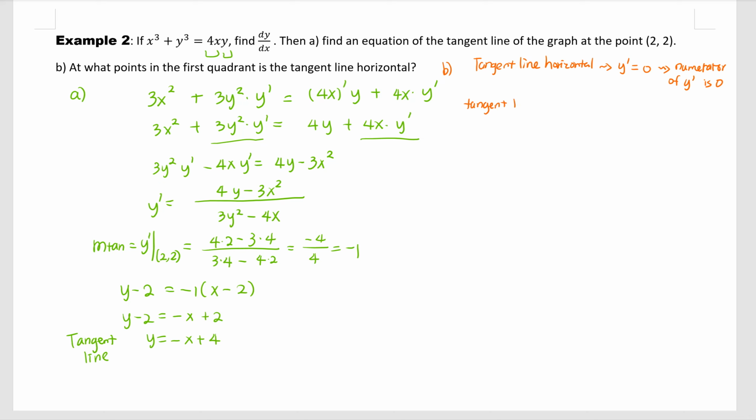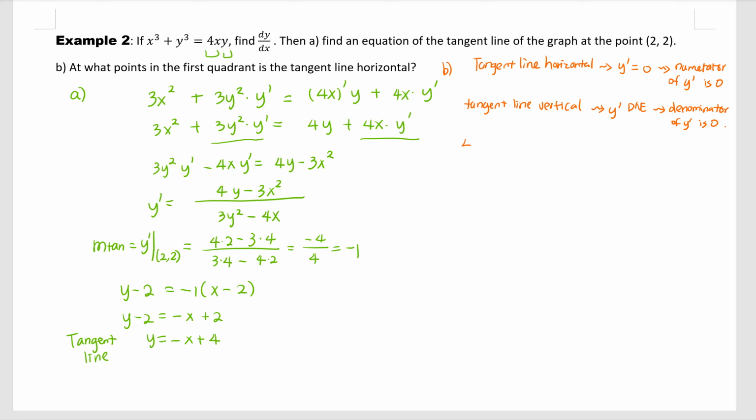When the tangent line is vertical, what does that mean? Well, y prime does not exist. If you have a fraction or quotient, it means the denominator of y prime is 0. In our case, it's horizontal, so the numerator. What is the numerator? This guy is 0.